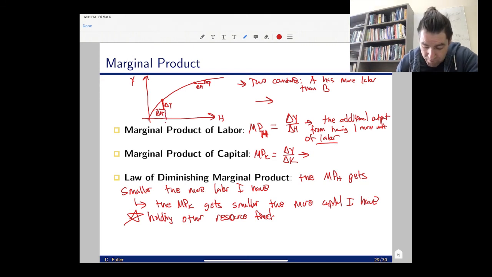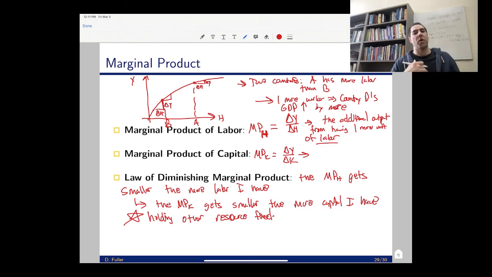So here's country B and here's country A. If I give each one more worker, country B's GDP is going to go up by more because of diminishing marginal product. One more worker implies country B's GDP goes up by more. Why? Diminishing marginal product, right? They have less of the resource. Adding more of it is going to increase their GDP by more than in the country that has more of the resource.